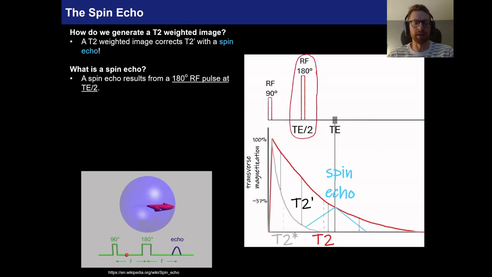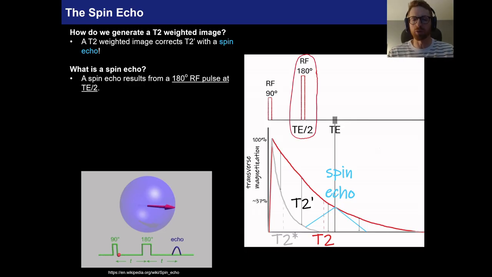So here's an animation that I got from Wikipedia, and I'm going to try to correlate this animation with this graph, okay? After the 90 degree pulse, when we flip things 90 degrees, we're going from 0 transverse magnetization to 100% transverse magnetization.